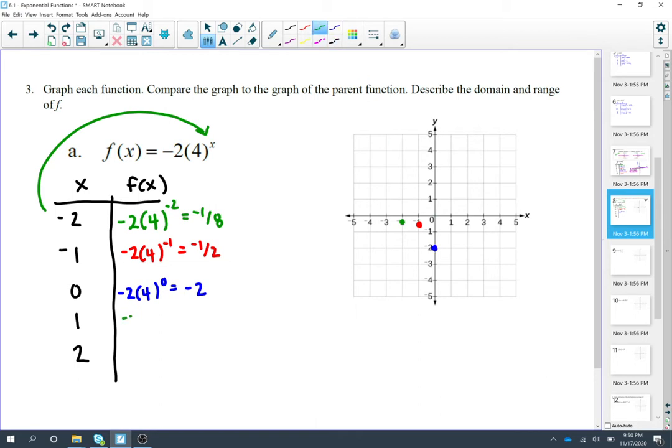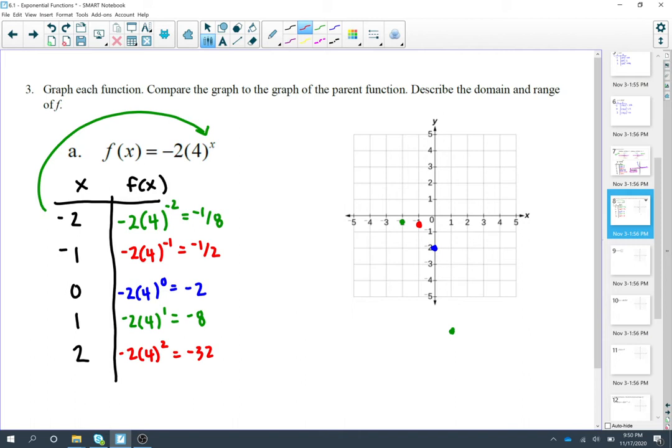Then 1, which is going to give us -8. And at this point, I'm kind of going off my graph. And then just for fun, I'm going to substitute in the 2 anyway, which is going to give me -32. And there's no way I'm getting that on my graph.